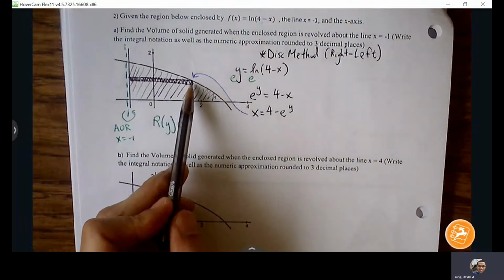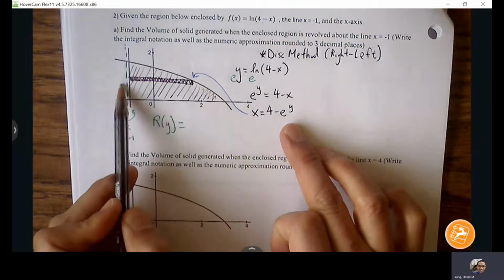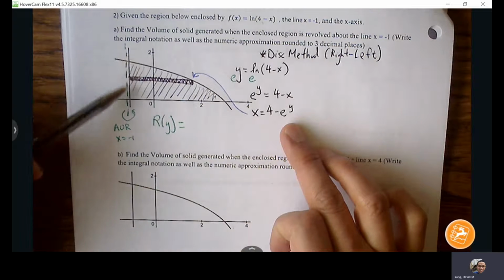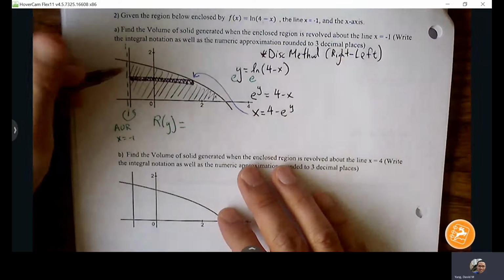Okay, right endpoint of the radius is sitting on the 4 minus e to the y. The left endpoint is sitting on the x equals -1.